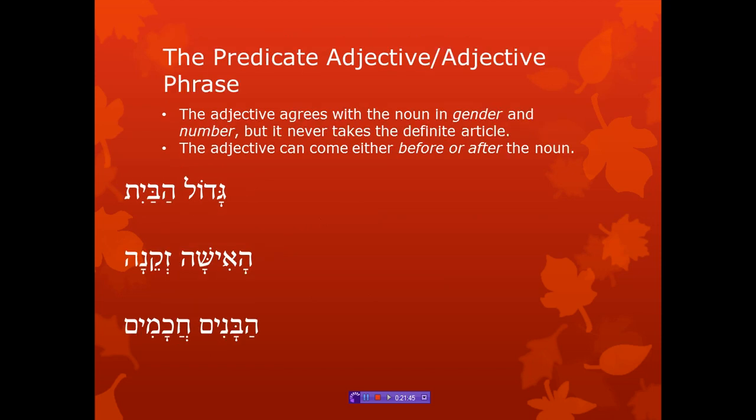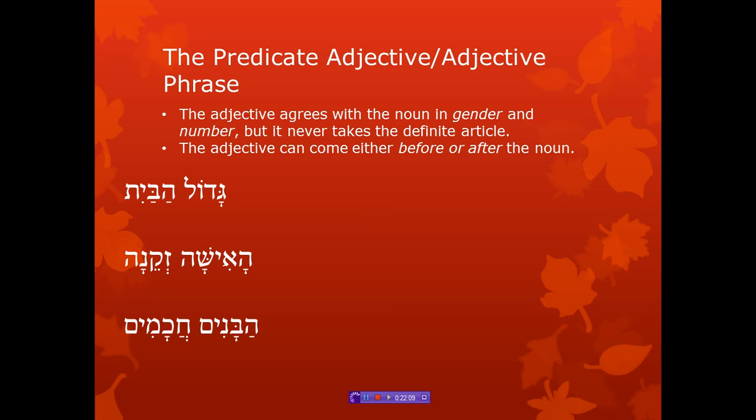Let's now look at the predicate adjective, referred to in your book as the adjective phrase. Two rules here. Try and pay close attention to how these rules are subtly different from the attributive adjective. The adjective agrees with the noun in gender and number, but it never takes the definite article.